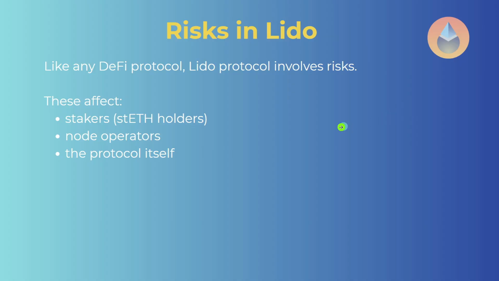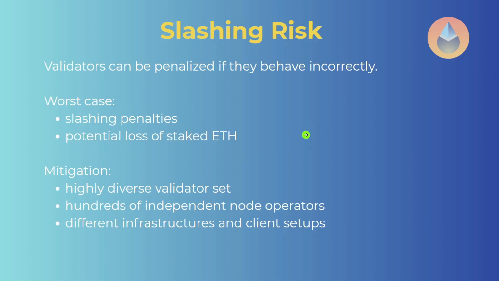Let's talk about security. What are the risks in using the Lido protocol? Like any DeFi protocol, Lido involves risks. This affects stakers, so stETH holders, node operators, and the protocol itself. There are slashing risks, which means that validators can be penalized if they behave incorrectly.